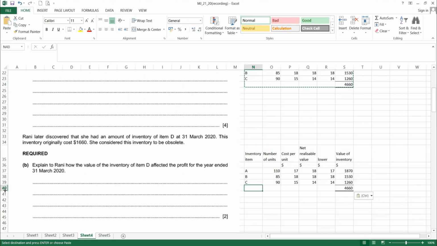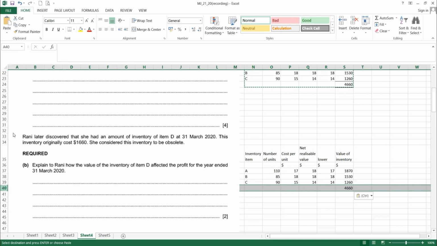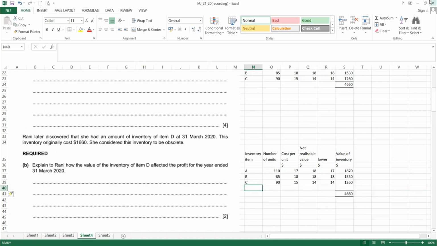Now, in this case, if we add in the D, they say that original cost is 1,660. She considered this inventory to be obsolete. That means it becomes zero value, so no cost of it.